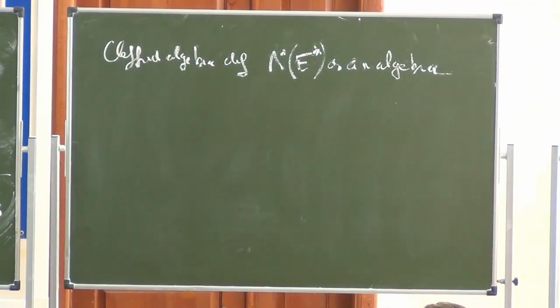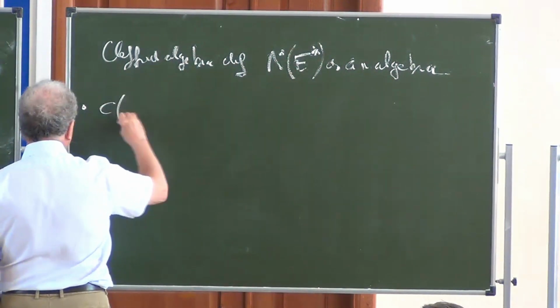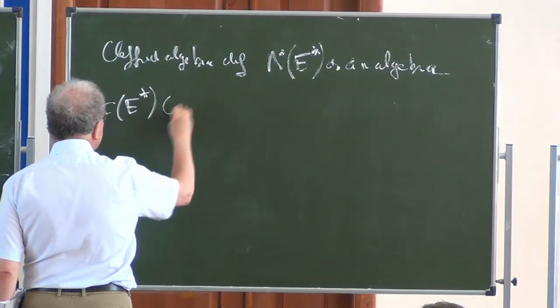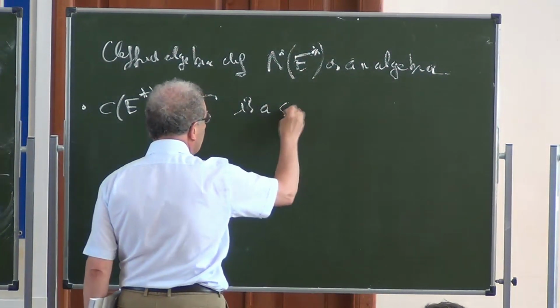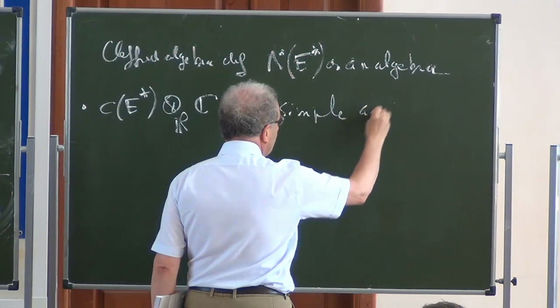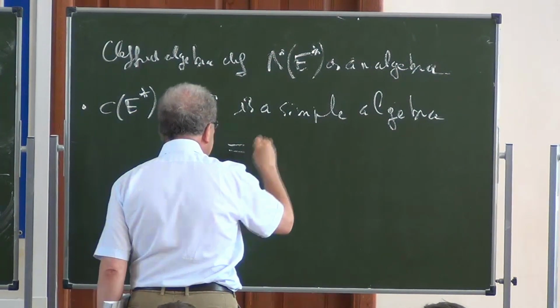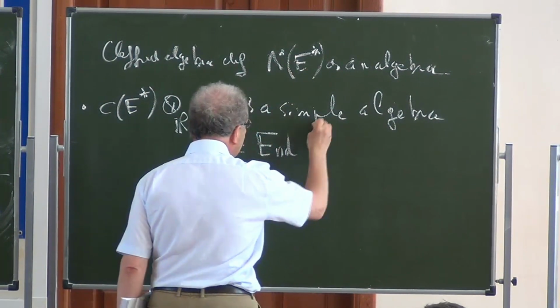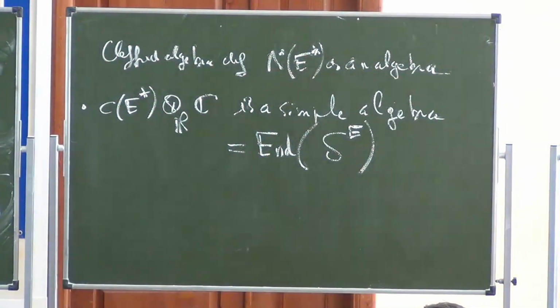And fact number 2, which I have asked about repeatedly: C(E*) tensored with C is a simple algebra. This means that it is exactly the algebra of endomorphisms of a certain space, which I will call S_E, this famous space of spinors. Of course spinors are mysterious.